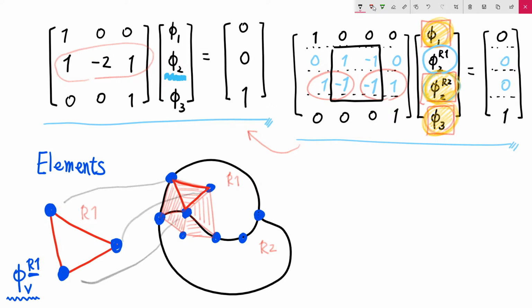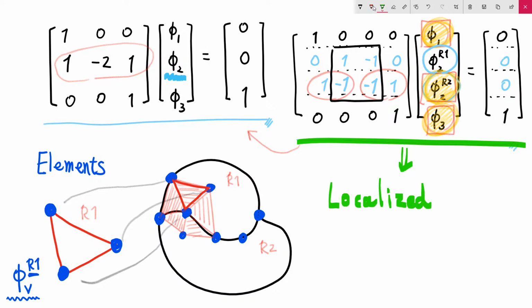This Jacobian matrix or system matrix originated from a highly localized construction of the system matrix. So how can you do that in reality?